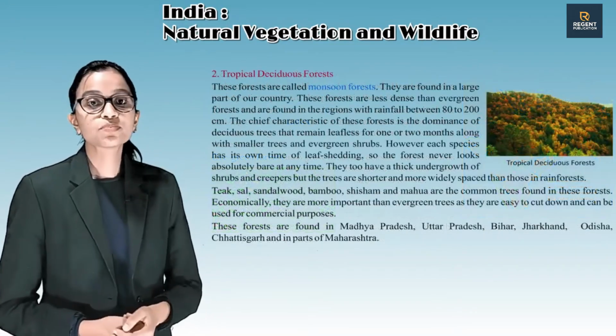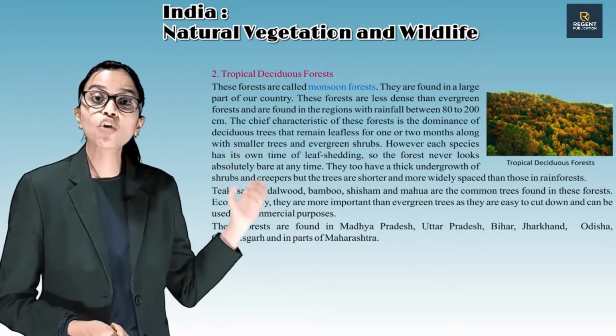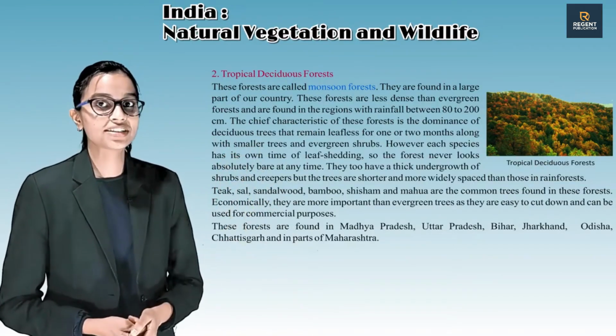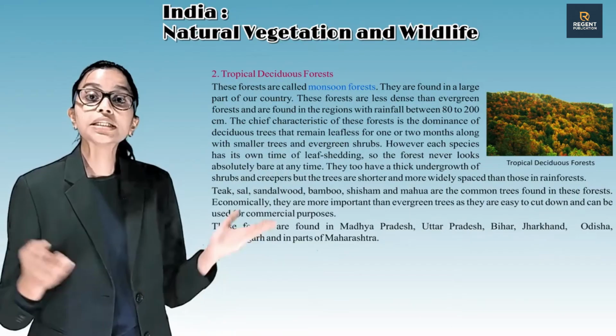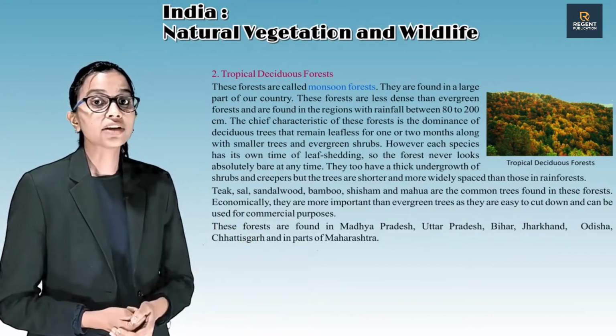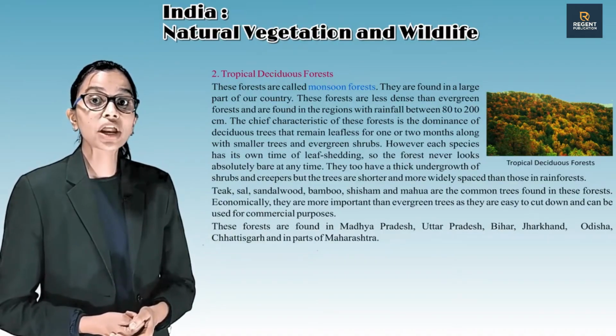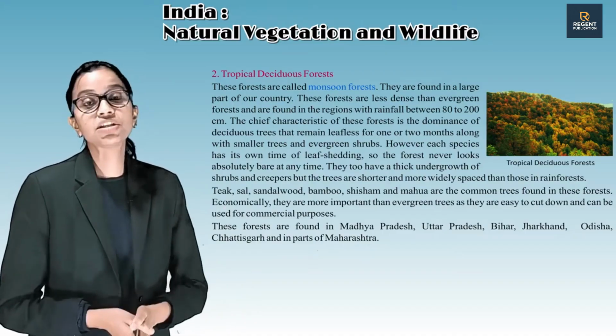The second one is tropical deciduous forests. These forests are called monsoon forests. They are found in a large part of our country. These forests are less dense than evergreen forests and are found in regions with rainfall between 80 to 200 centimeters.